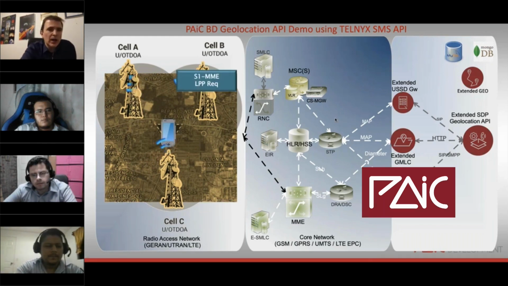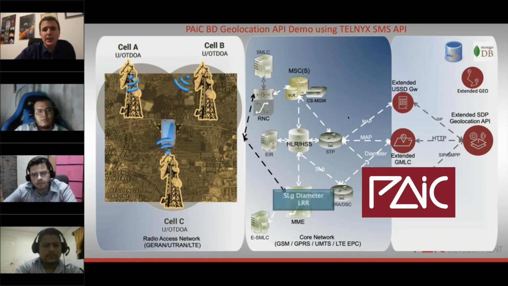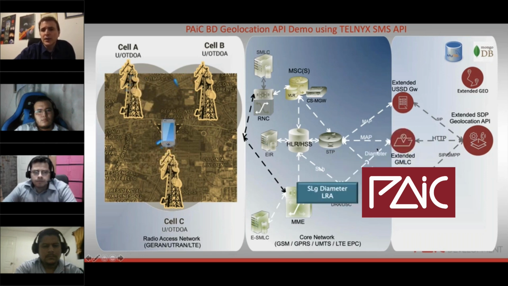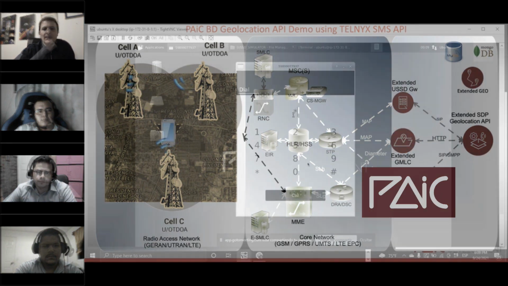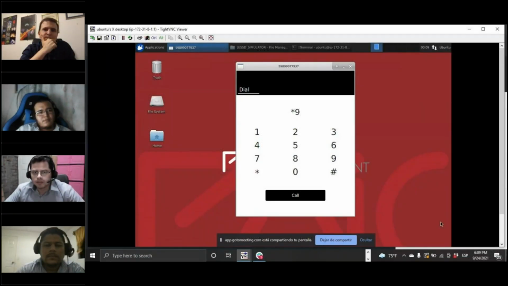Upon a geofence event, in this case if the USSD requester exits the zone defined by the cell global identification of the initial MAP ATI, the radio access network will send a report, which will be delivered through Diameter to the extended GMLC, and the report will be sent to extended Geo for showing it on a map. So we're going to run the test.